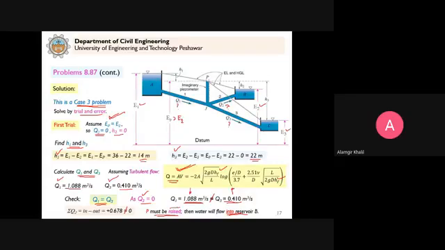So if we raise EP, then this is the case we get: EP greater than E2. So then it means flow will occur into reservoir B.